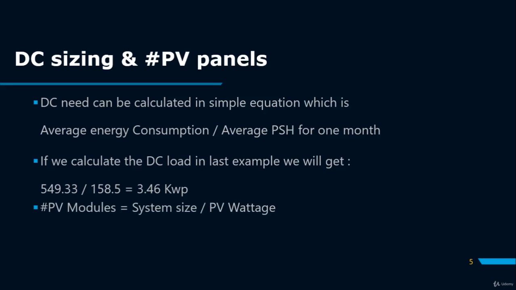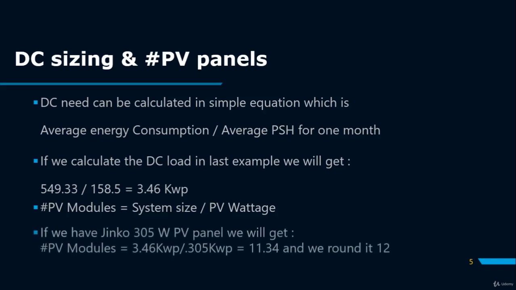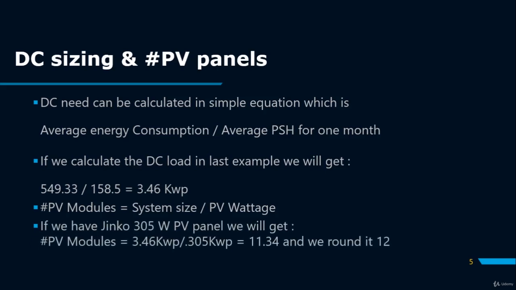So number of PV modules equals system size over PV watts. If we choose Genco Solar, for example, a 305 watt PV panel, we will get the number of PV modules as 3.46 kilowatt peak over 0.305 kilowatt peak, not 305 kilowatt peak, because we should use the same units to get the right result.